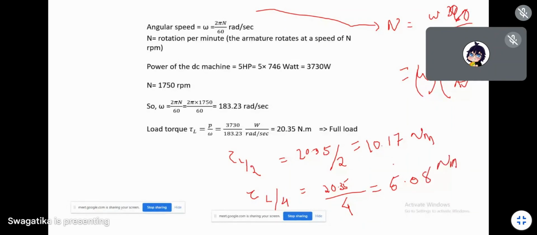Okay. Change this one, then change this one, and you have to check whether you are getting the same speed or not.